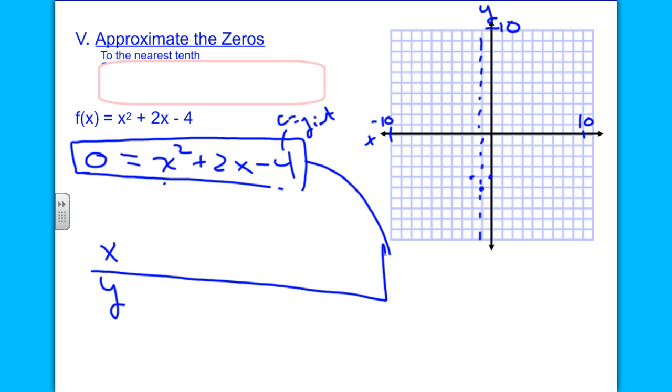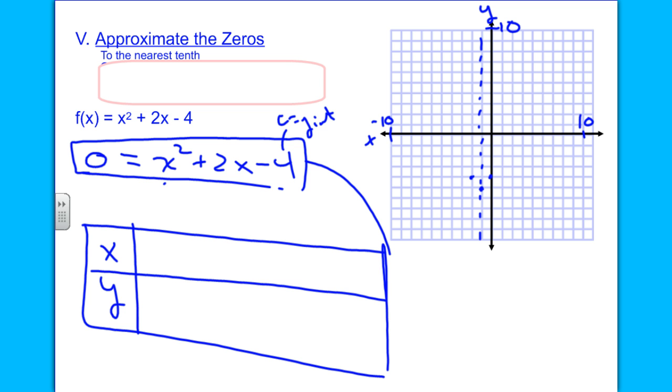You will be using a table again today. And where was that critical vertex? We just said it was at -1, -5. Okay, so there it is. Now, let's try to draw.